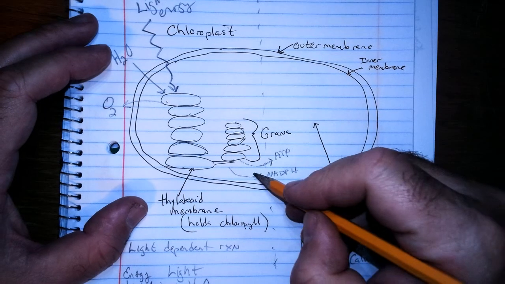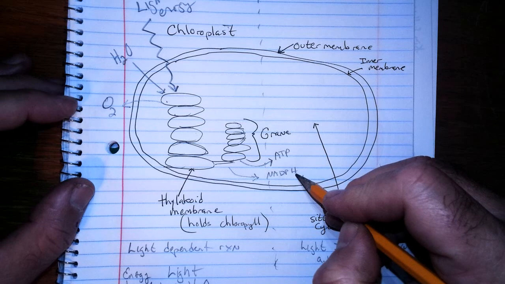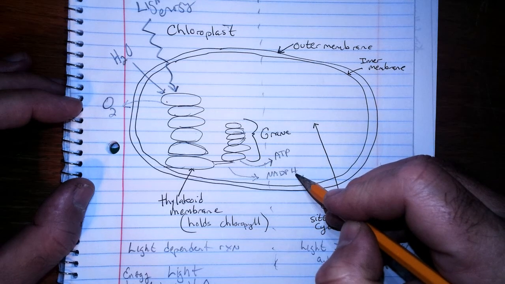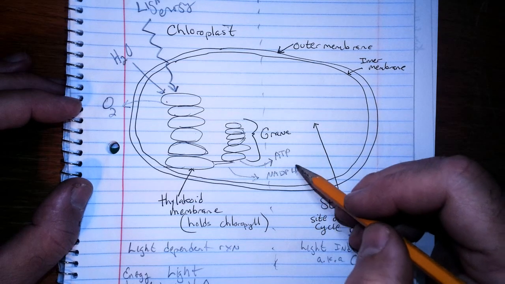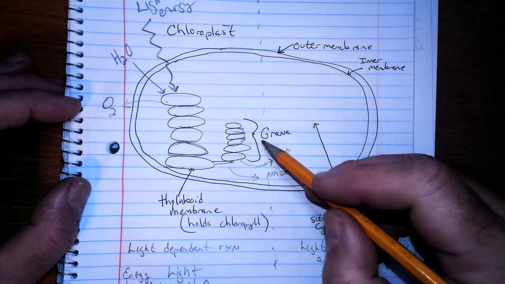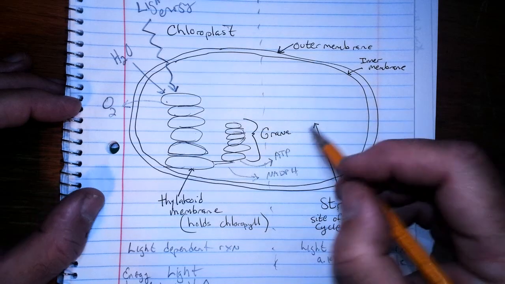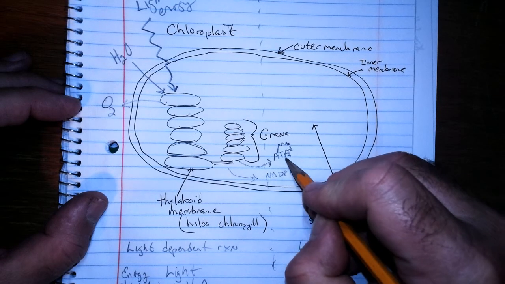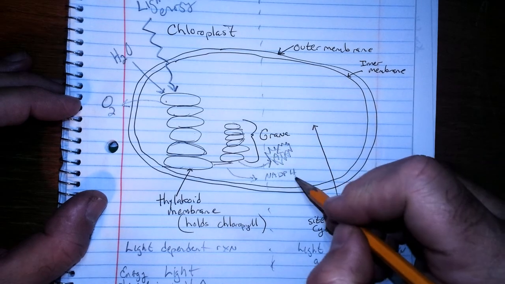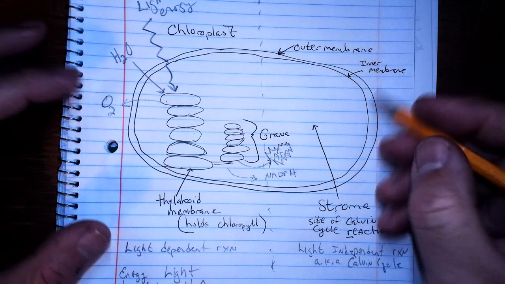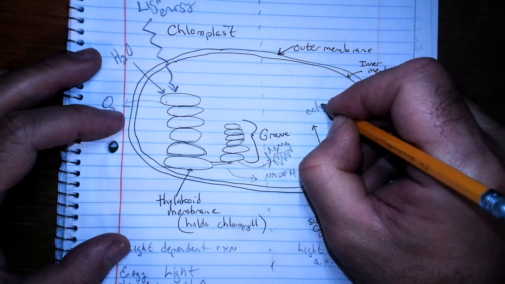Okay, so the hydrogens from our water are right here, and the energy from those electrons in those hydrogens are also going to move through these thylakoids to produce this ATP. And again, ATP is energy, right? And NADPH is carrying this hydrogen, and they're carrying it to the Calvin cycle.